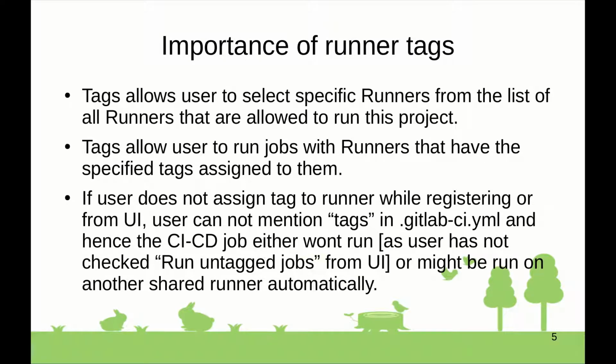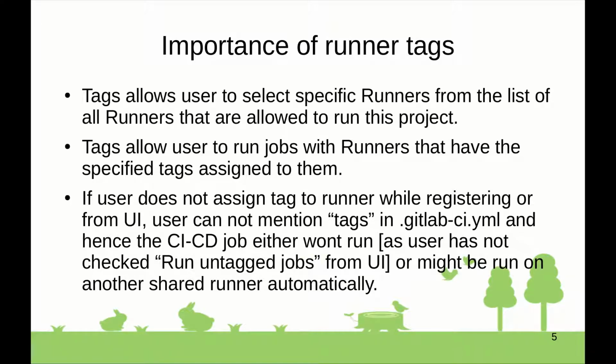Importance of runner tags. What is the importance of runner tags? It is as below. Tags allow users to select specific runners from the list of all the runners that are allowed to run this project. So this is how we can specify a particular runner to be used to execute a particular CI/CD pipeline, to execute a particular job.